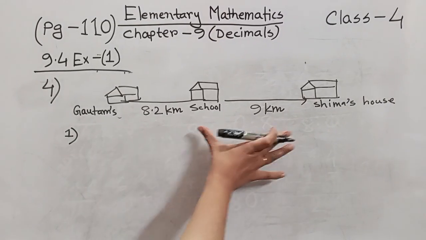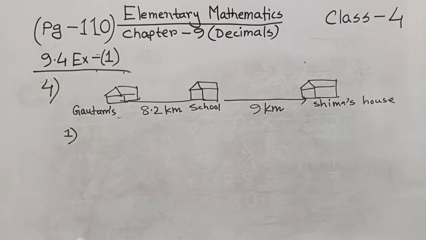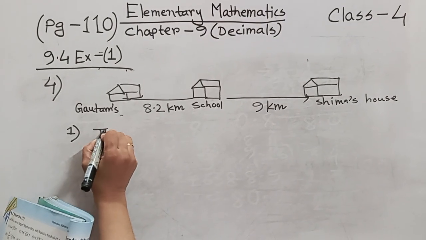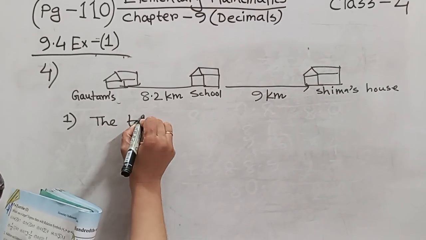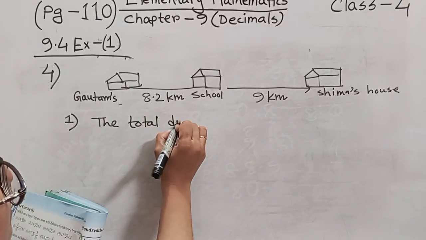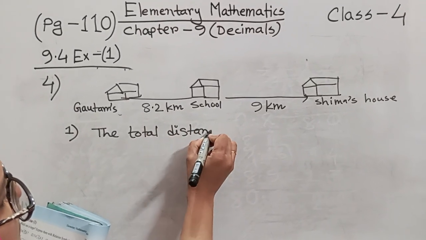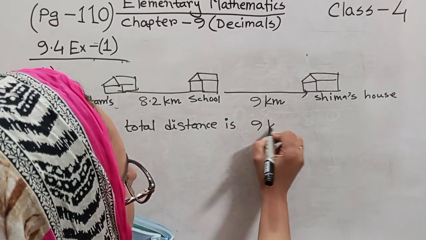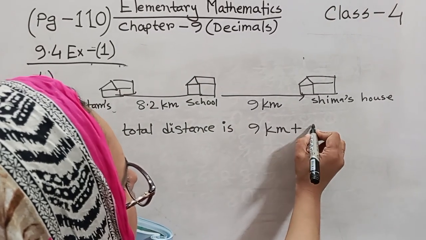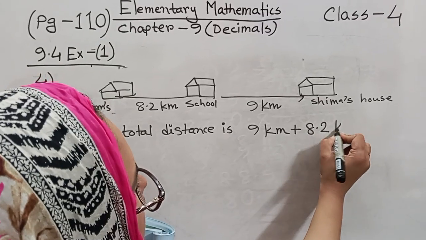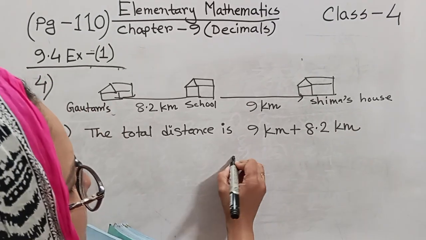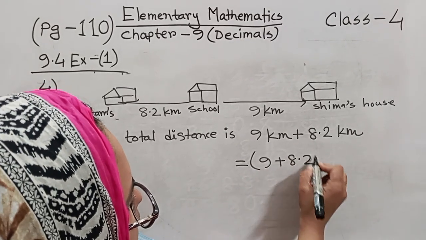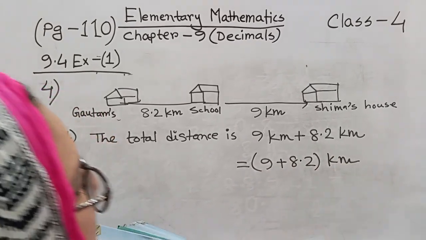So here we have to do the addition of these two distances. The total distance is 9 kilometers plus 8.2 kilometers. 9 plus 8.2 kilometers.